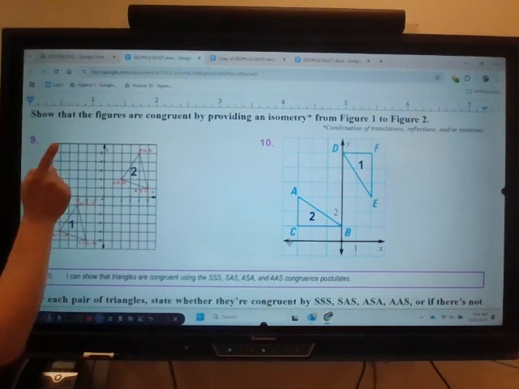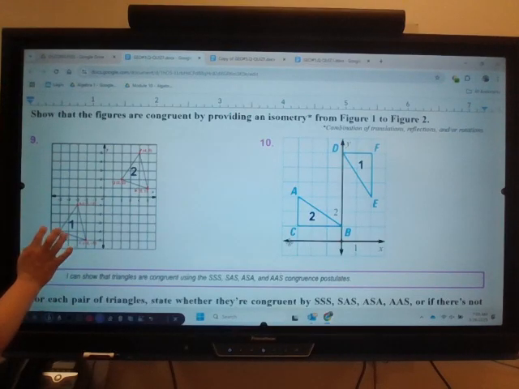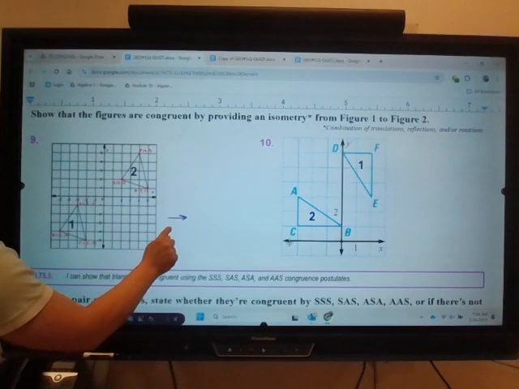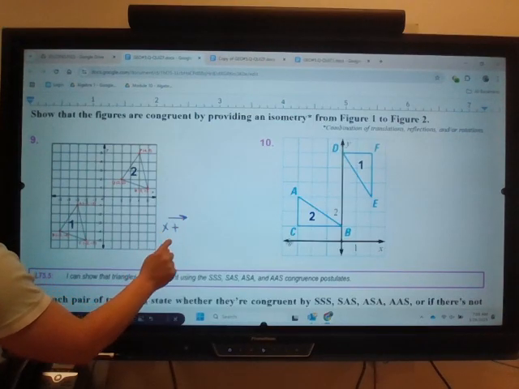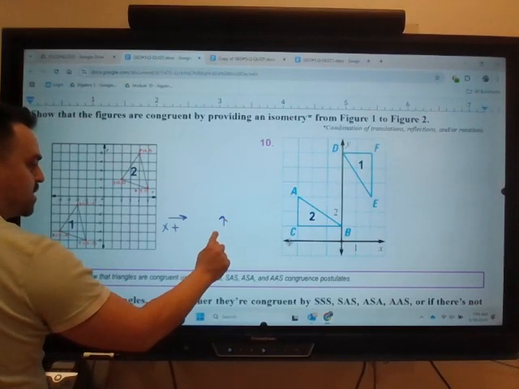the first isometry that we're going to use is a translation. We're going to shift each of the points in this triangle a certain number to the right, so that's going to be x plus something, and a certain number up, so that's going to be y plus something.